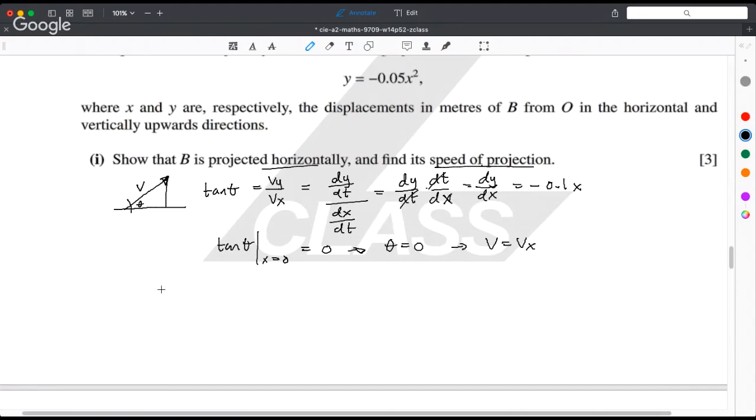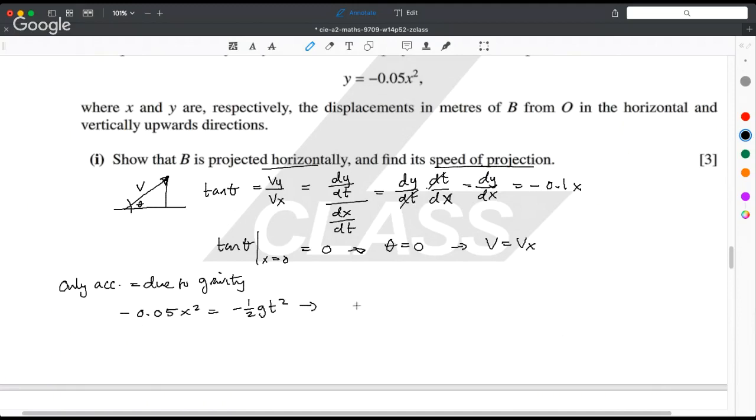So for this, we know that the only acceleration is due to gravity. So let's compare our usual constant acceleration equations, and gravity is a constant acceleration, so we can use them, to this equation for y. So we know that minus 0.05 x squared, so this is a distance traveled by y after some stage, is equal to initial y position, which is 0, minus 1/2 g t squared.